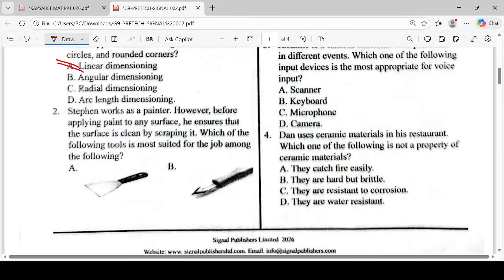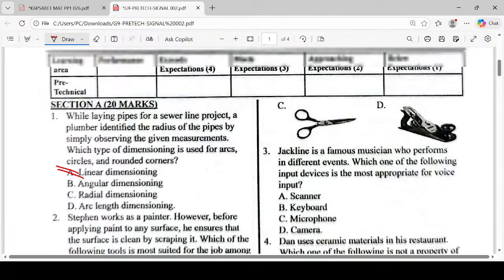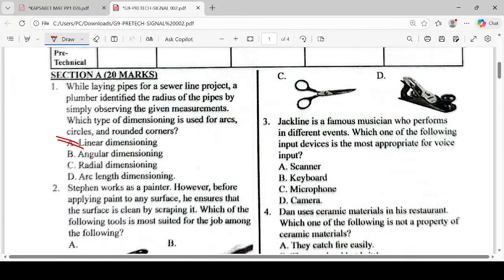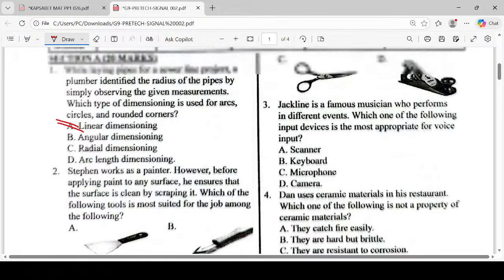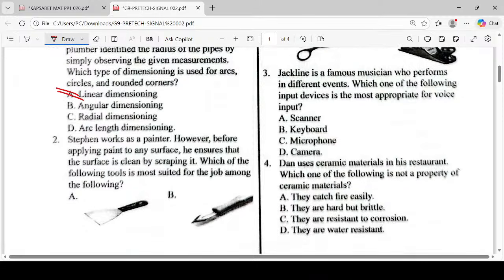We are following this very keenly to scrap the surface. You just want to paint any surface. So the one that we use to scrap any surface is this randa. This one here, for example, you can see carpenters before painting maybe the wood, they scrap first using that machine.